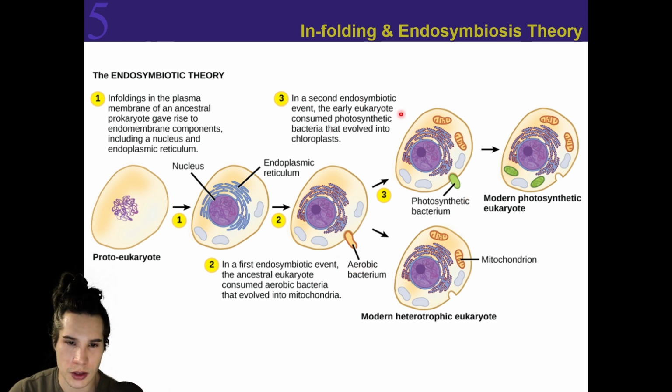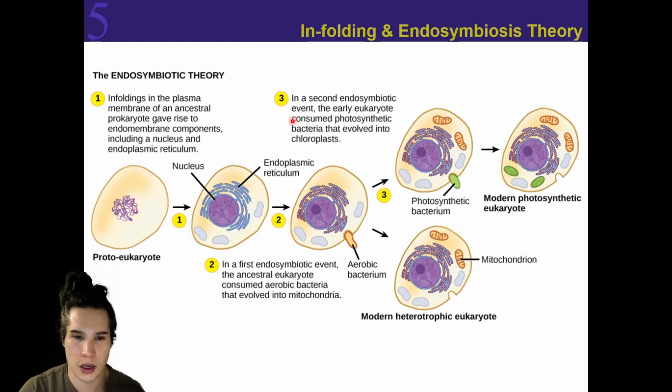Then in the second endosymbiotic event, the early eukaryote consumed a type of photosynthetic bacteria that would have eventually evolved into chloroplasts. One thing I should mention is that oftentimes people get confused by the presence of chloroplasts in certain organisms.